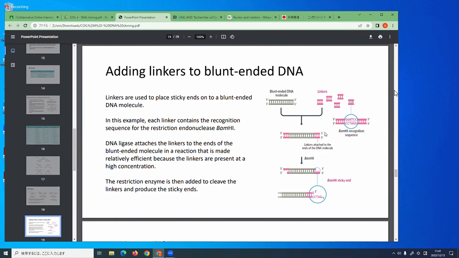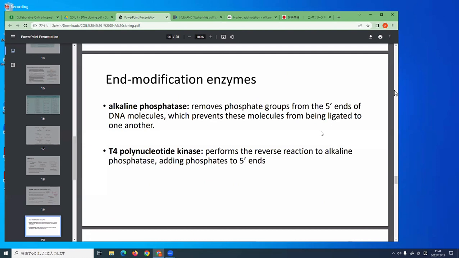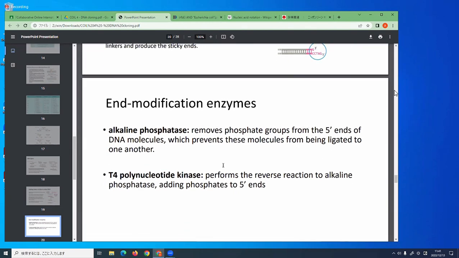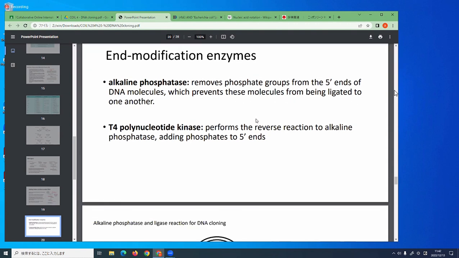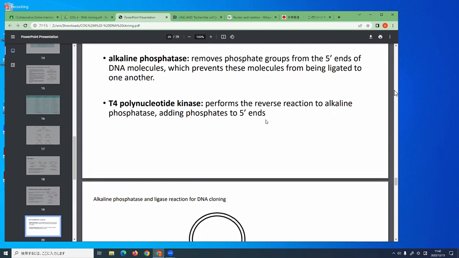And there are other enzymes that can modify the end of the molecules, just like adding the linkers just now. Those are alkaline phosphatase to remove phosphate groups. Once you remove phosphate groups, you need to use ligase to join the molecules, right? So this is to prevent self ligation.